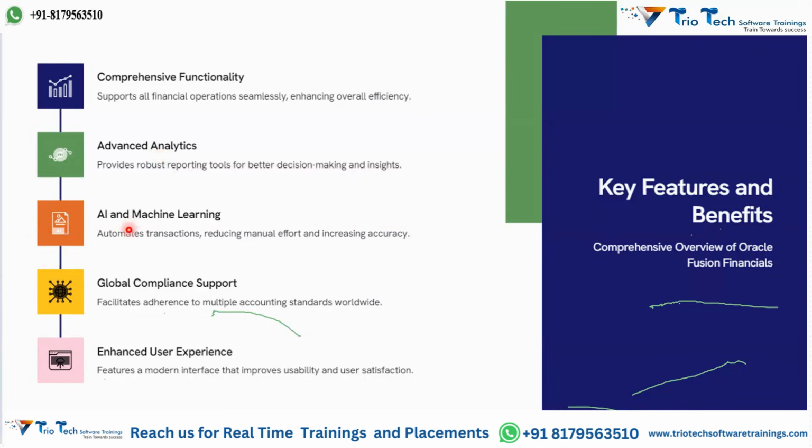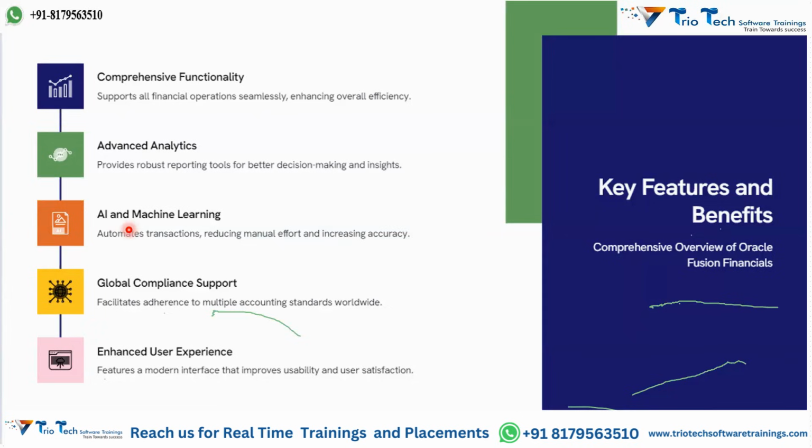Now next here is AI and machine learning. As I mentioned before, the focus of Oracle now is, to the extent possible, to bring the business processes under the purview of AI and machine learning, so that automation can be brought against the transactions, reducing the manual efforts, increasing the accuracy, right? So less manual effort, less chances of errors, more accuracy, right?